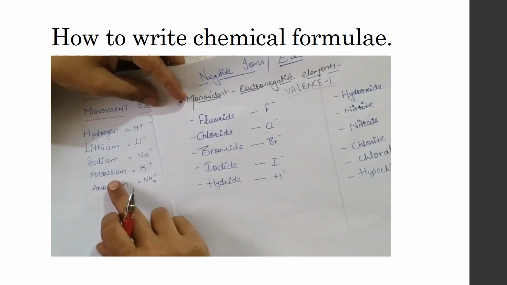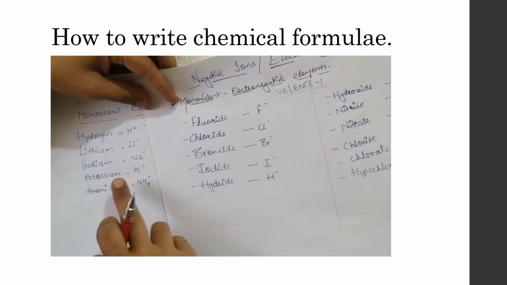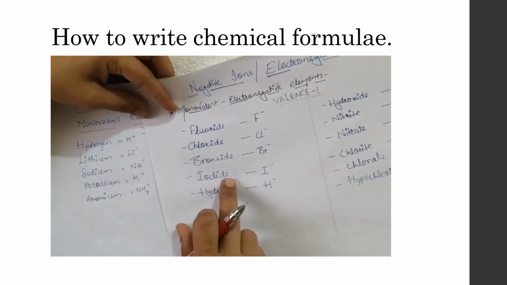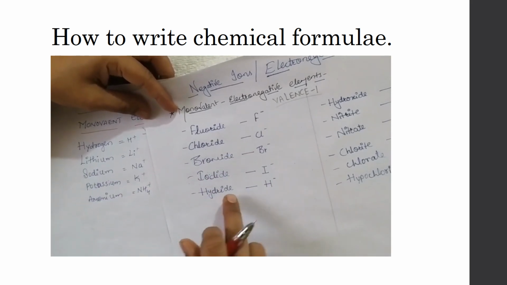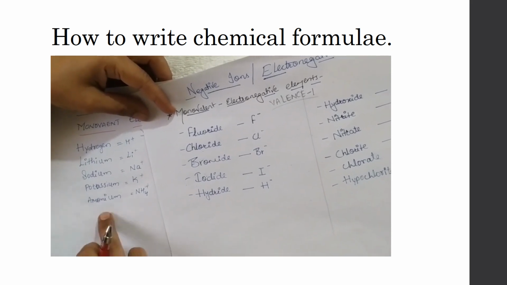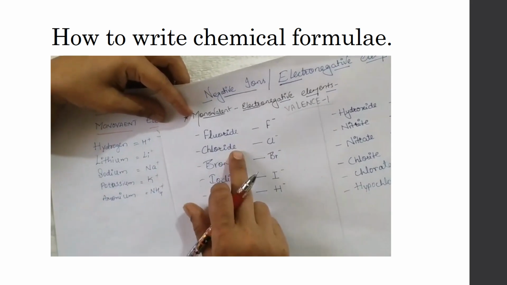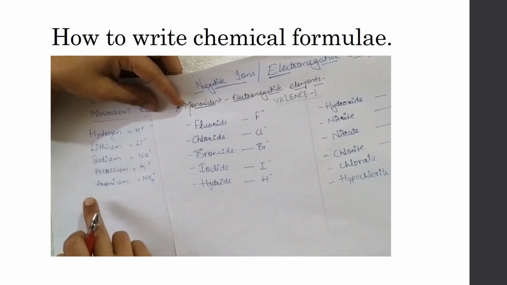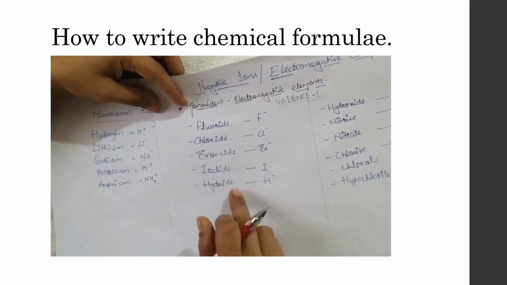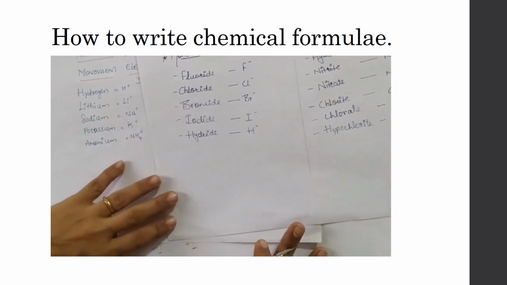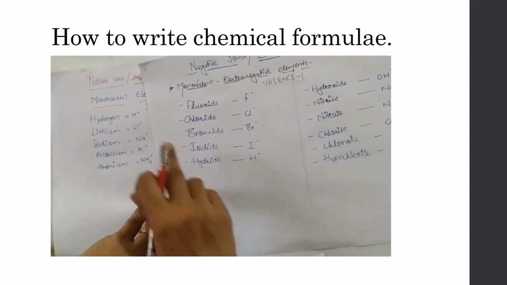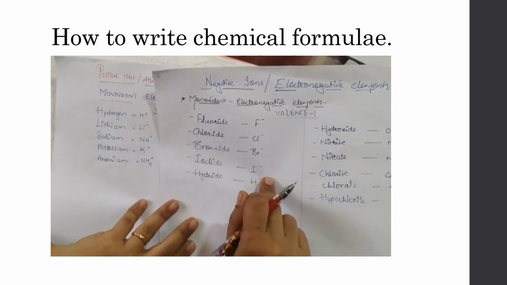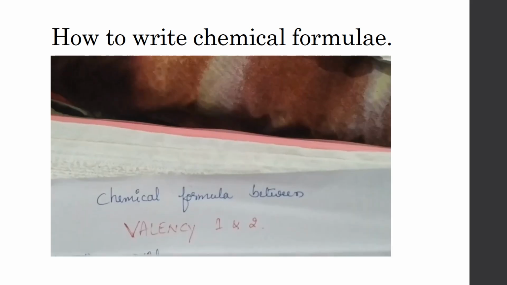Next, potassium: potassium fluoride, chloride, bromide, iodide, hydride. Next, ammonium: ammonium fluoride, chloride, bromide, iodide and hydride. Like this, we write the formula of a monovalent electropositive and monovalent electronegative element, which have valency 1.